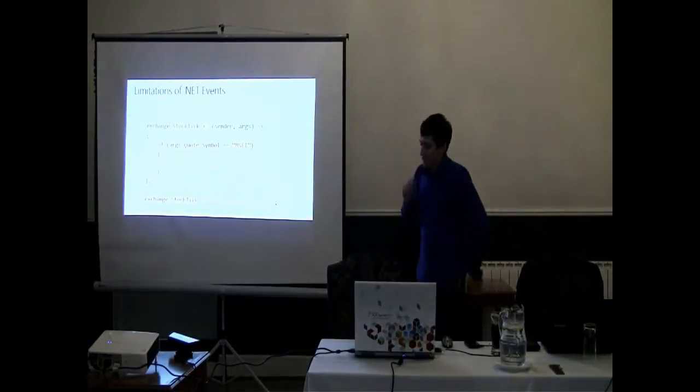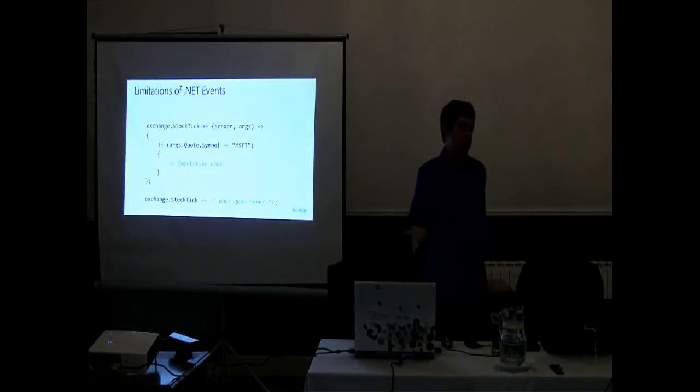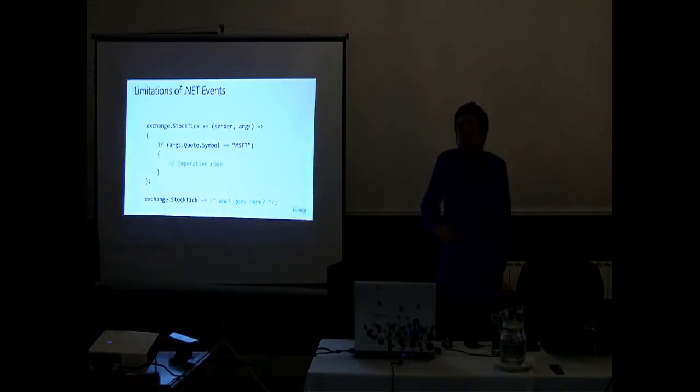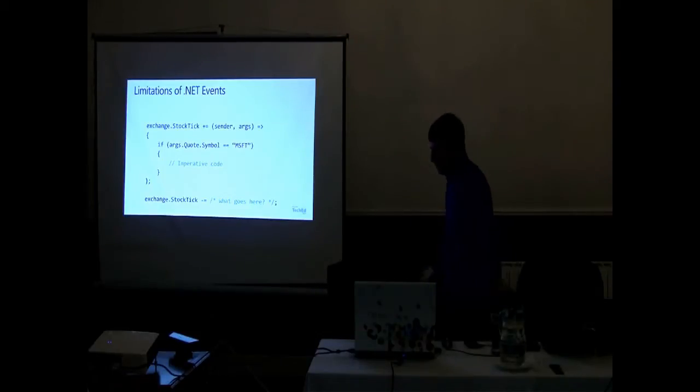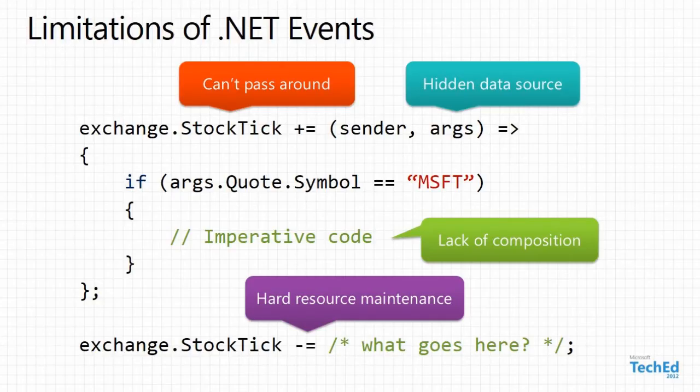So obviously there's the big question: why are we doing this? Isn't there already a way of doing event processing in the .NET framework? And the answer is yes, we have .NET events, and in fact we made .NET events something that's built in, that every language knows about. It's in the common language specification, and we say a .NET event is a piece of metadata that has an add and remove method associated with it.